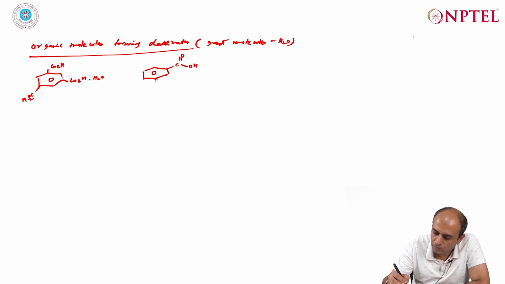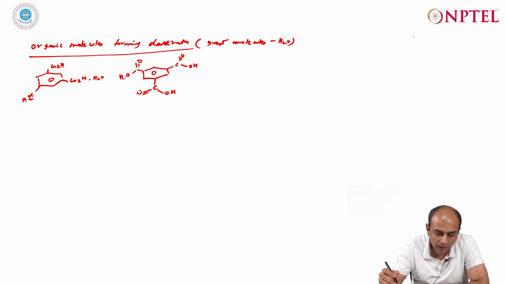CO2H, CO2H, CO2H. So we have got these carboxylic acid groups. Now it can form hydrogen bonds, the O-H...O hydrogen bonds.